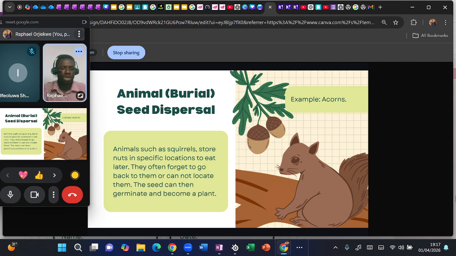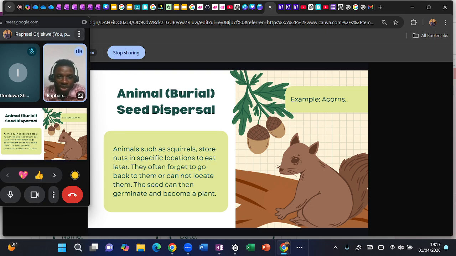That's exactly what the squirrel is doing. But indirectly, the squirrel is placing it in the soil. By the time they forget about the nuts that they placed there, because there will be several nuts in several places, the nut will germinate into a new plant. So that's animal burial.